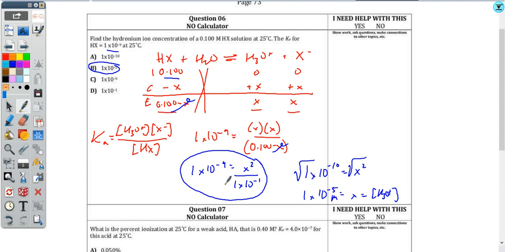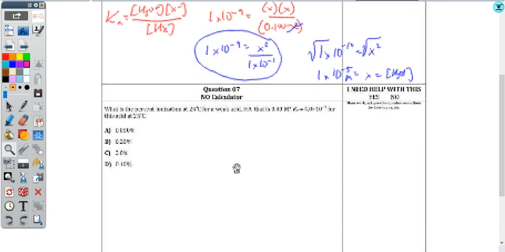Sort of get to the point where you're automatically making that x is small approximation. And then this part of it should happen much more quickly for you. If you're not there yet, maybe skip a problem like this, save it to the end, and then when you have time, set up your ice table and work the rest of it through. But just something you want to practice and get comfortable with.